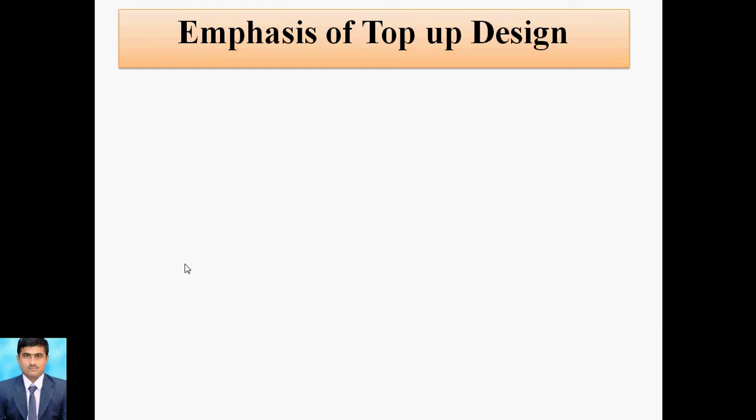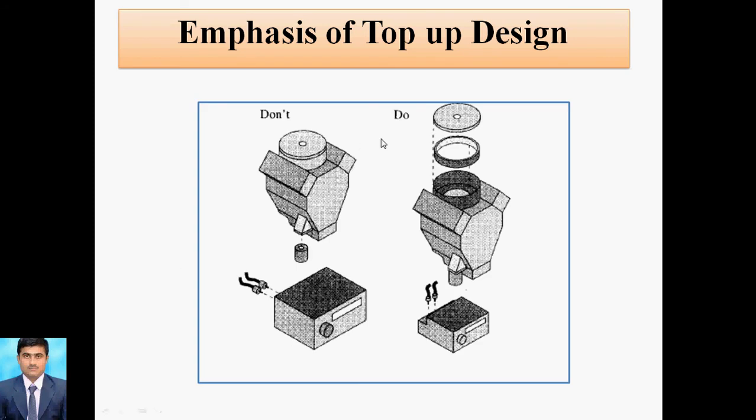Next is the emphasis on top-up design. Top-up design means smaller parts will be at the upper side, because of gravity and frictional force, when you apply the insertion of these parts, it automatically goes down. Here in this figure, the smaller part is at the bottom and the bigger part is at the upper side.